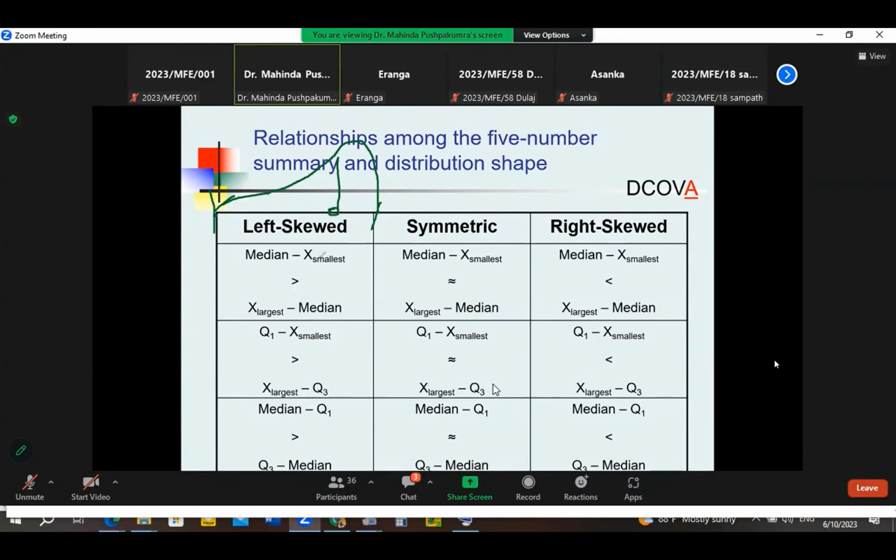Then median minus smallest, this section, is greater than largest minus median. Like this, you can understand the other three also. If it is right skewed, then this is the minimum, and the median should be somewhere here.